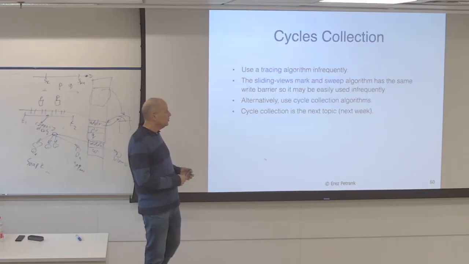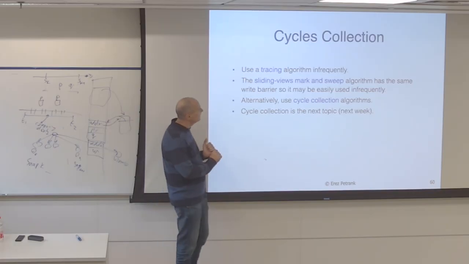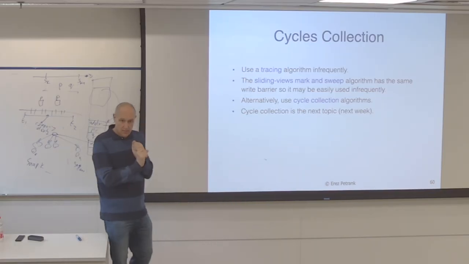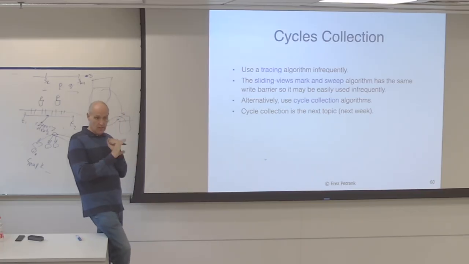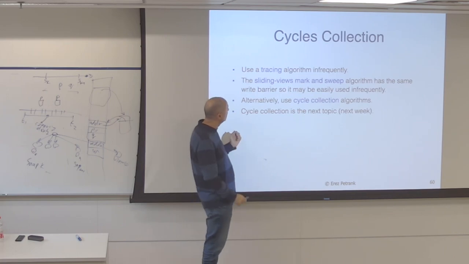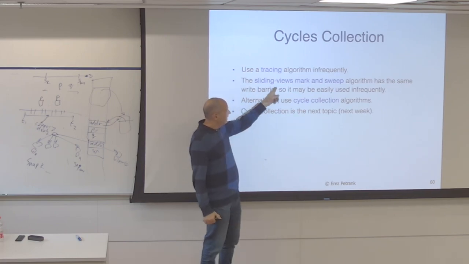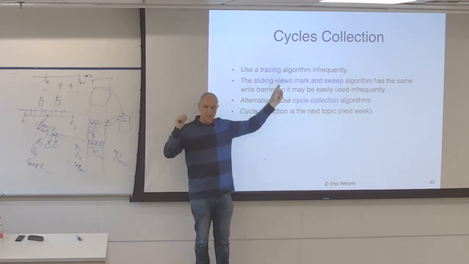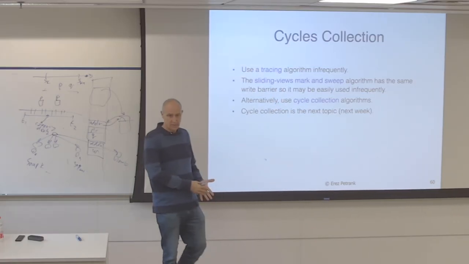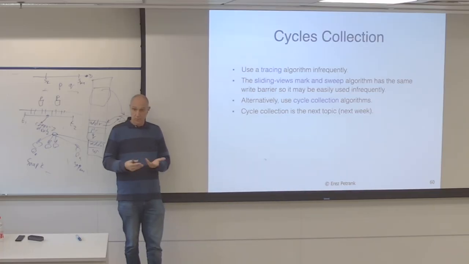Okay, so cycle collection, what Yossi did. You could use tracing like mark sweep once in a while to remove all the cycles that you could not reclaim by reference counting. The algorithm that we studied in the previous lecture easily matches these reference count collectors because we have the same write barrier.